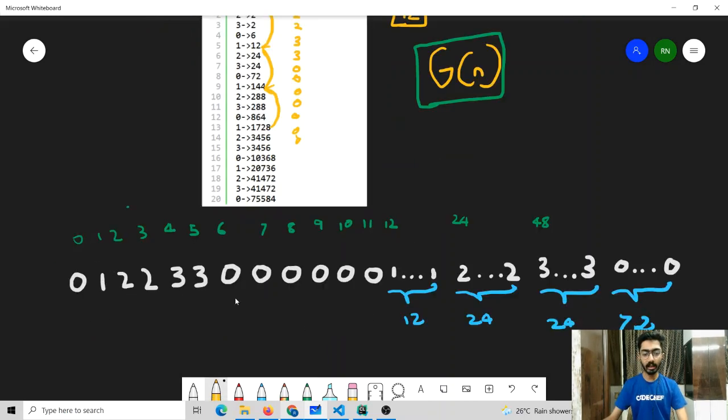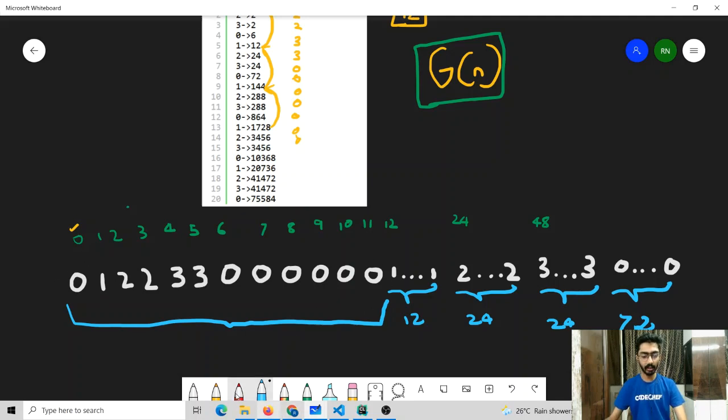So now this is the Grundy table, that is, the Grundy number. The Grundy number for 0 is 0, for 1 is 1, for 2 is 2, then 2, 3, 3, then we have 6 times 0, then 12 times 1, then 24 times 2, and so on. So what we can do is, first we can have a base case where if the value of n is lesser than 12, then our Grundy number will be given based on this array.